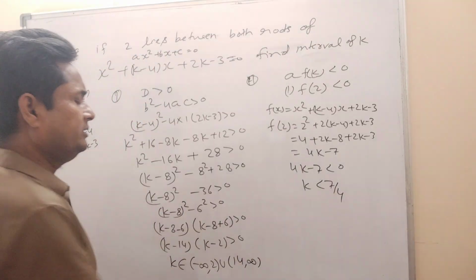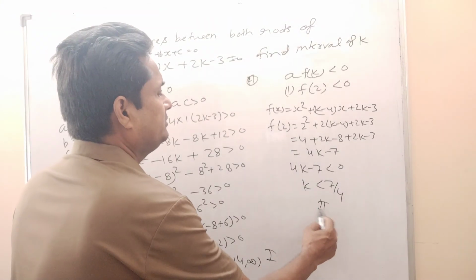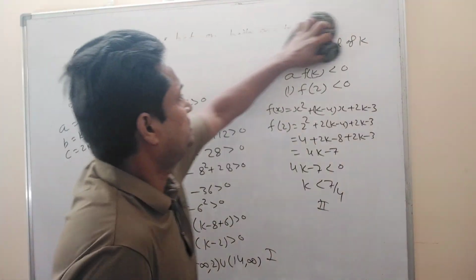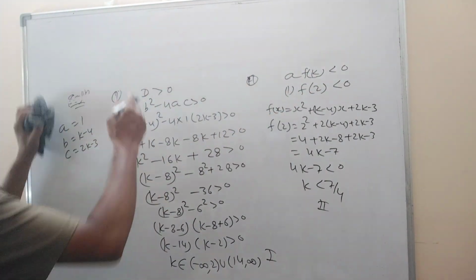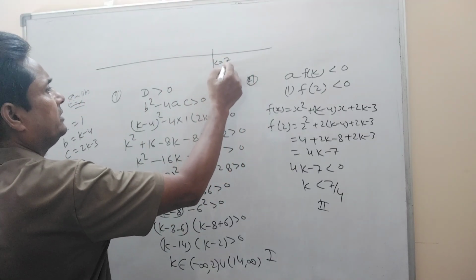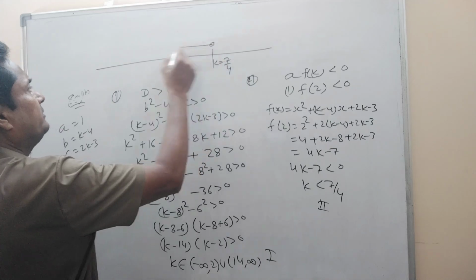Now we have to take intersection between the first and second part. So what will be our answer? One is k less than 7 by 4, which is 1 point something.